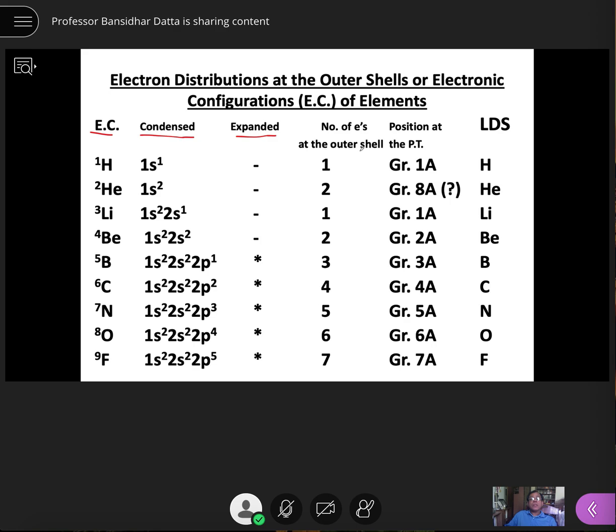So number of electrons in the outer shell, position in the periodic table, and LDS. The last column is the LDS. LDS stands for Lewis dot structure. We'll see it. I did not put it there, but I will once the time comes.